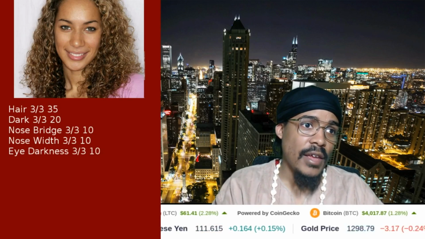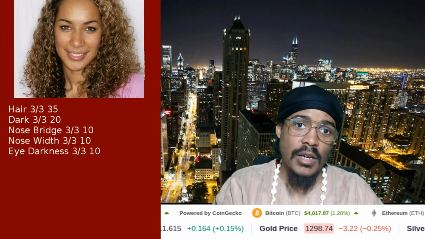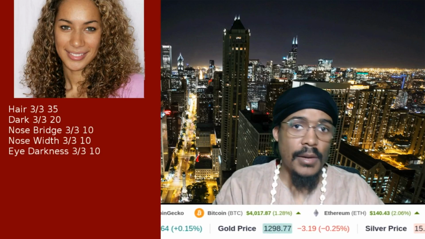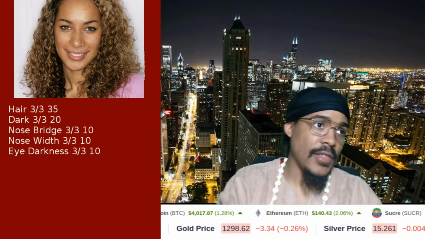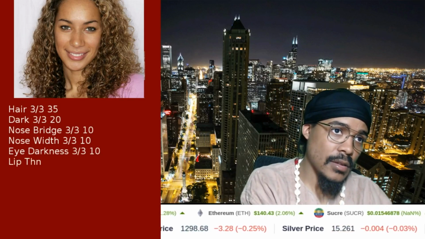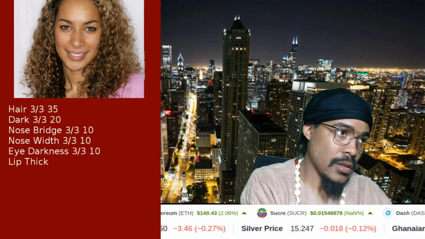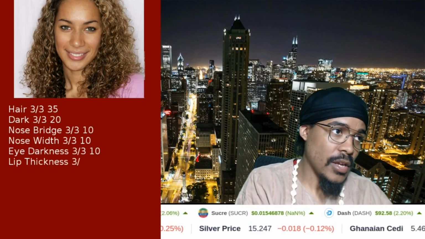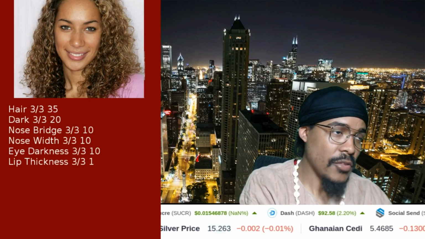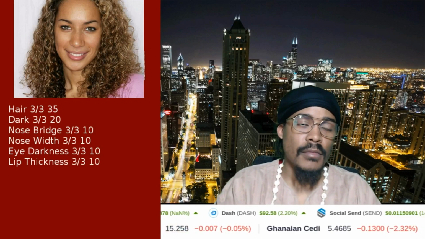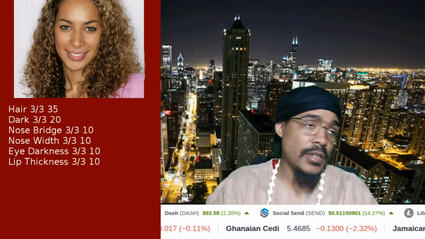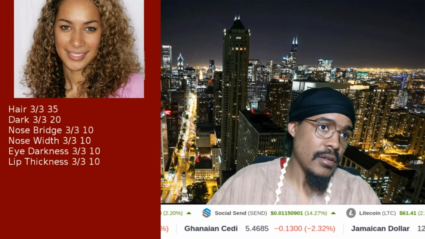That's 5, and the final phenotype that we look at is the thickness of lips. Again, 3 levels, and 10 points per level.